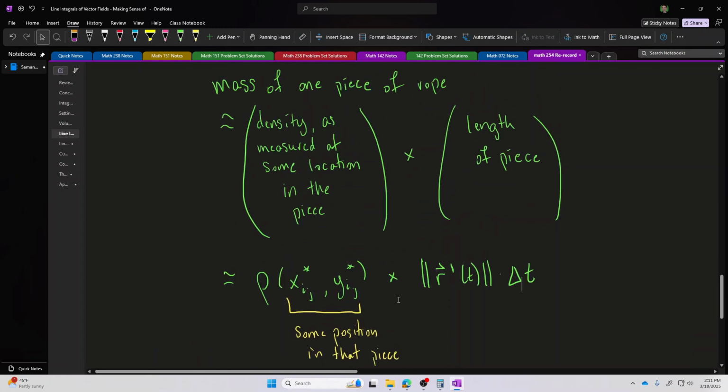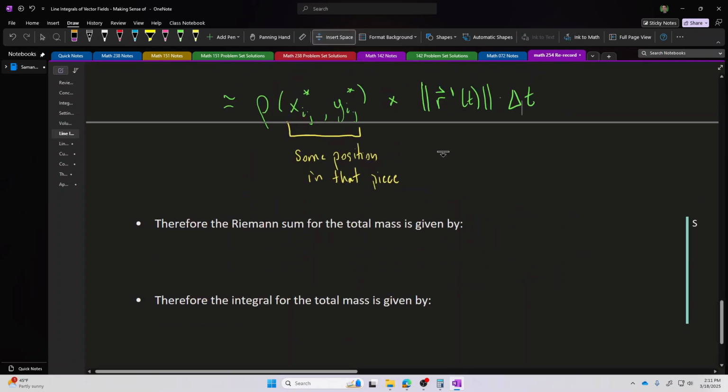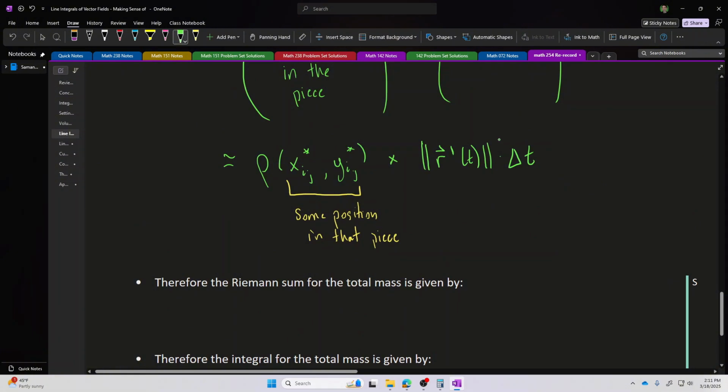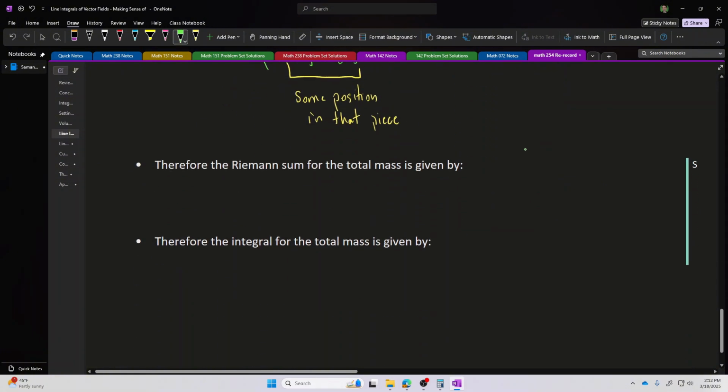So if this expression gives the mass of a single piece of rope, then to find the total mass of the rope, all I need to do is add together all the masses of all these tiny pieces. So I can do that by applying a summation to this expression, density times length.